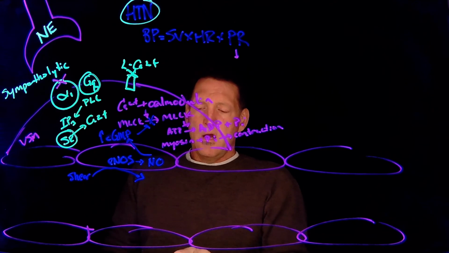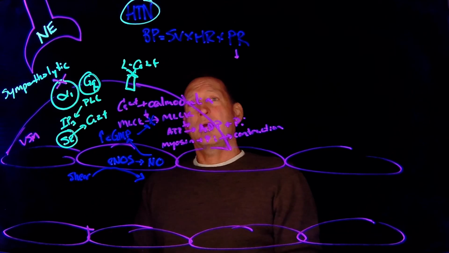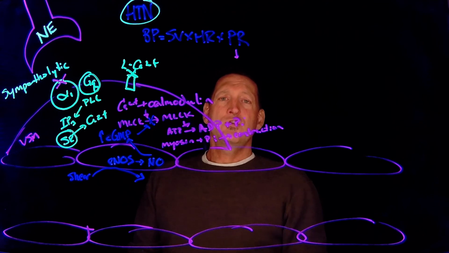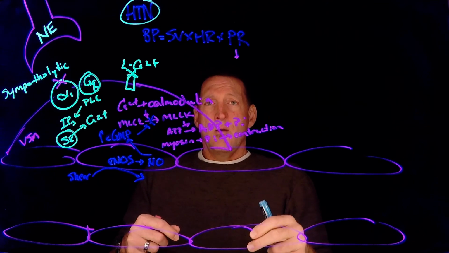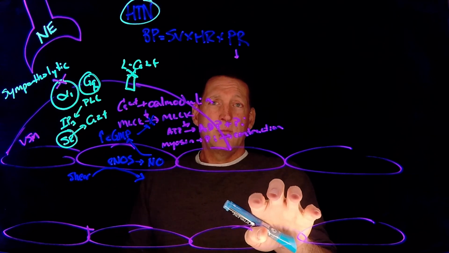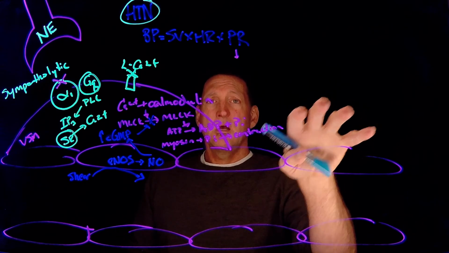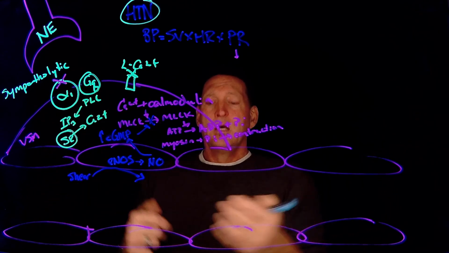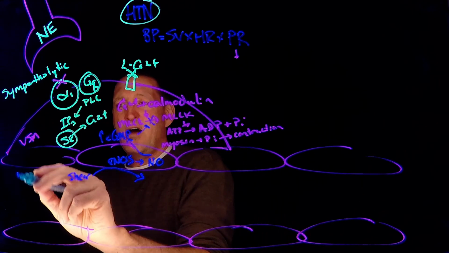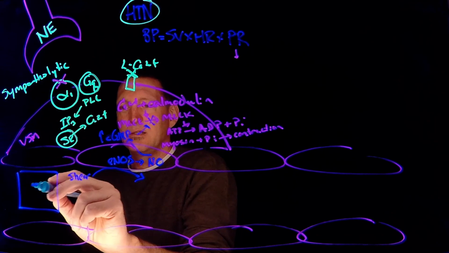So another type of situation is where you have shock. If I have shock, what's taking place is I've got a situation where my intravascular volume is going to the extravascular space, and then also my peripheral resistance is decreasing. It's kind of like this. You've got 5 liters of blood, okay?